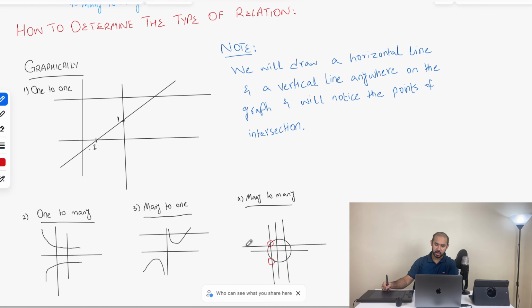Now have a look at this line. For this value of y, the graph is intersecting at this point and at this point. That means for a single value of y, there are 2 values of x as well. That is why this relation is many-to-many.